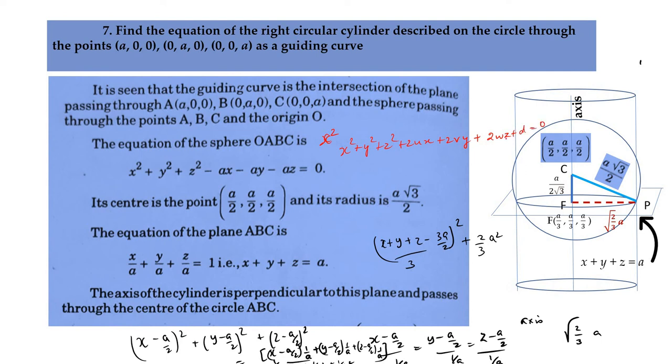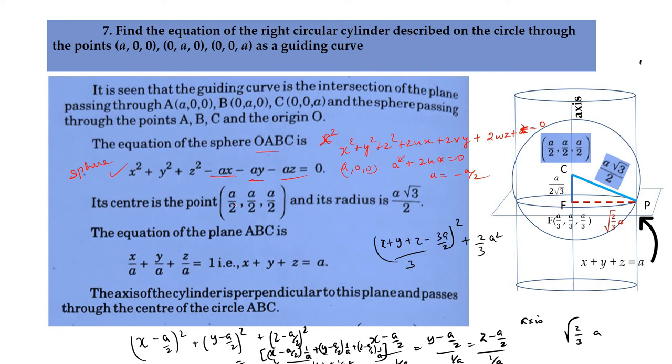In this case, because it passes through the origin, d will not be there, and because it passes through (a,0,0), replacing x square by a square, we have a square plus 2ua equal to 0, from which we can cancel one a, so u is equal to minus a by 2. Substituting that, you will get minus ax. In the same way, minus ay minus az. So this is the equation of the sphere which passes through O, A, B and C.